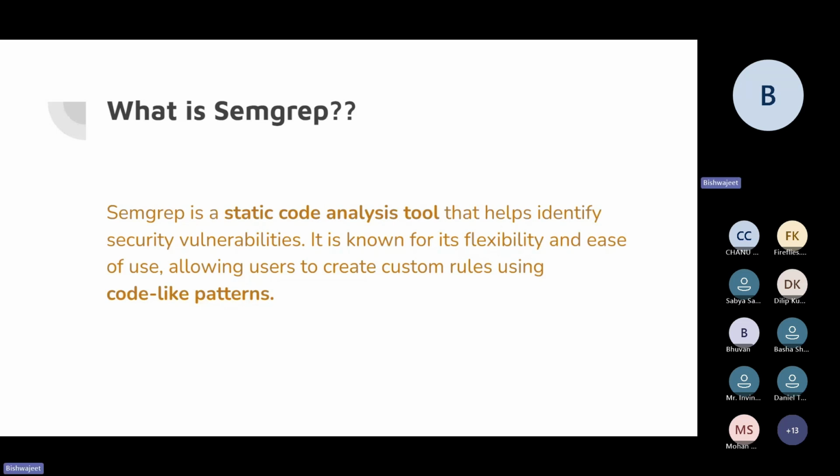Semgrep is doing the same. You write rules, and on the basis of those rules, the code you have given as input, it will identify vulnerabilities or anomalies or code smells in the input code, and you will get the output.